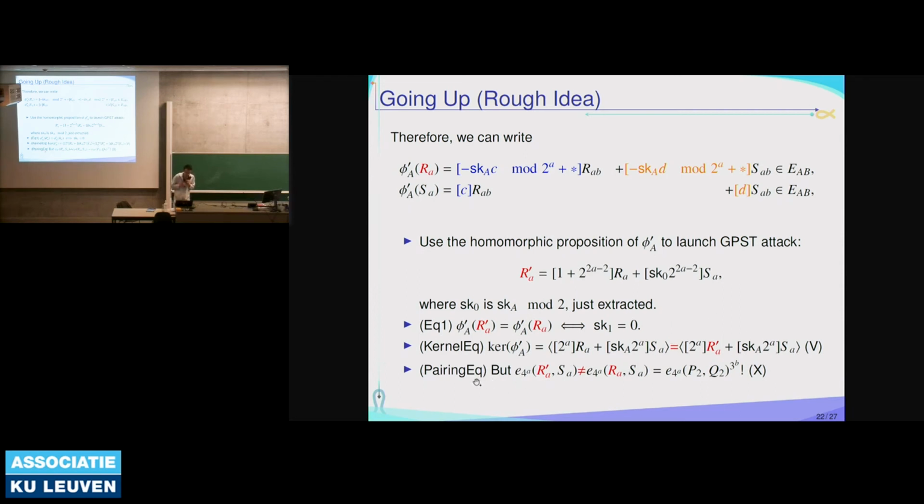But unfortunately, the pairing equation will not hold. You can see from this equation, if you calculate the determinant of the matrix, you will find the determinant is the original one to the 2 to the 2a minus 2. So the pairing equation will not hold.